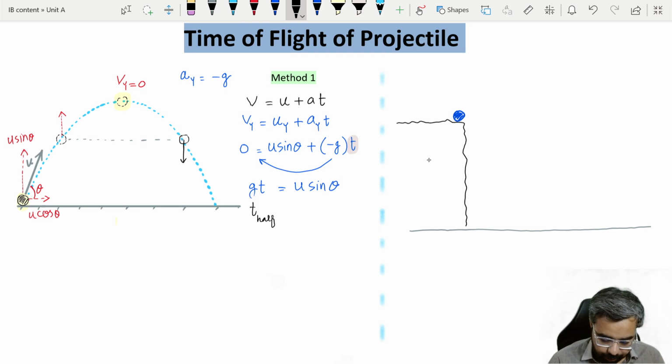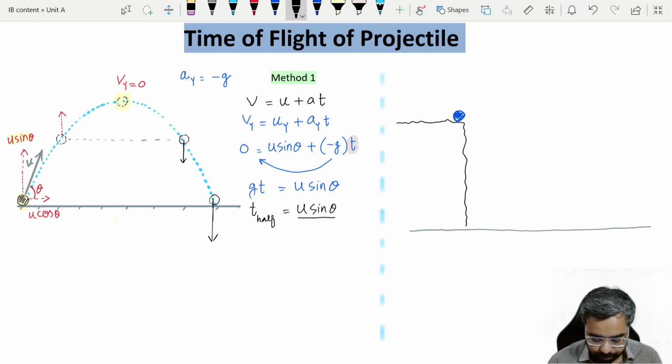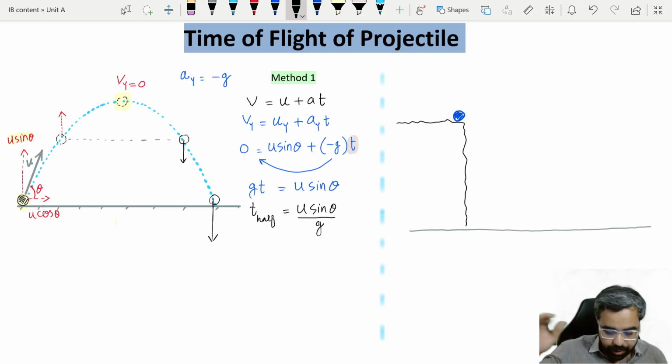And just before hitting the ground, this is the maximum vertical velocity, again equal in magnitude to u sine theta. So the half time that we have got is u sine theta over g. This is the same time the ball will take to reach the ground.